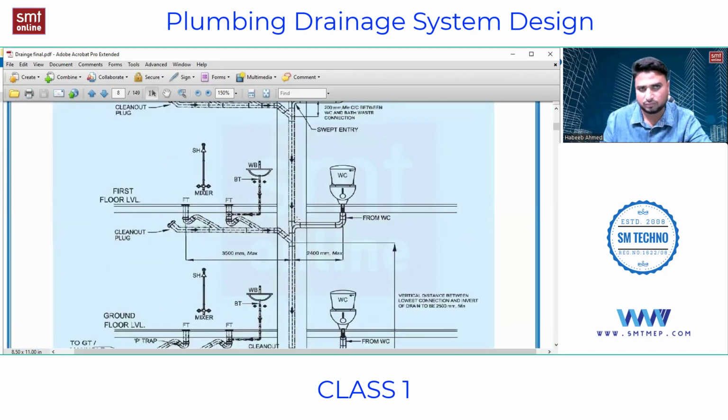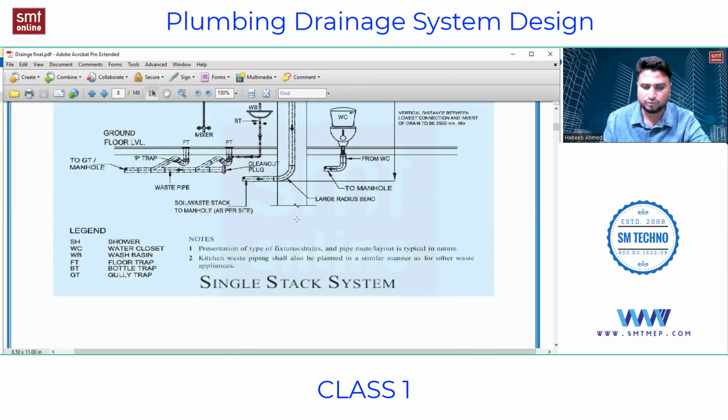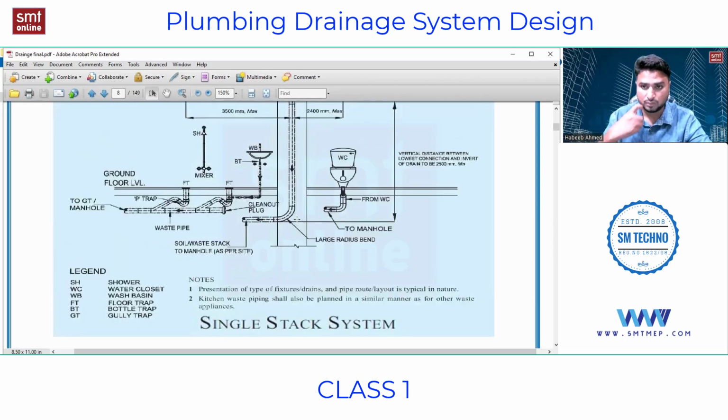But for the single stack system, there are some guidelines to be followed, which are given in the NBC. If you are dealing with the single stack system, there are some parameters to be followed. The very first parameter: NBC says you need to make sure that on every floor, there should not be more than 2 toilets connected. If there are 3 toilets, then you can't opt for this system.